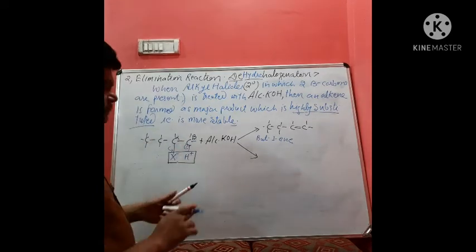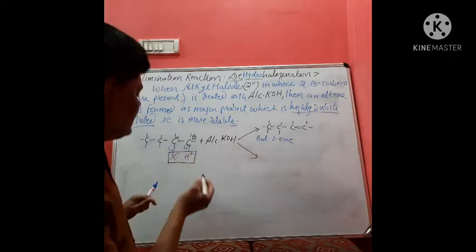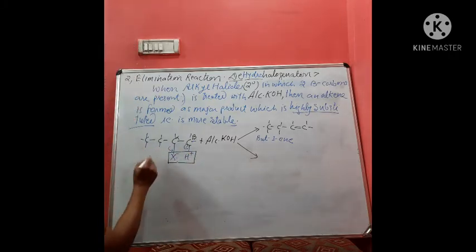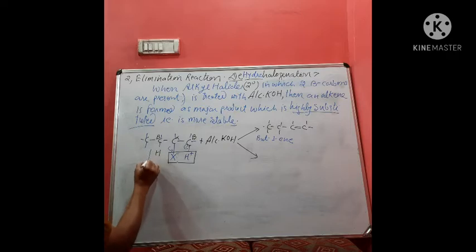Okay, so this is one of the options. The second option is, if the H is eliminated from this beta position, then the condition is elimination of H and X from here.